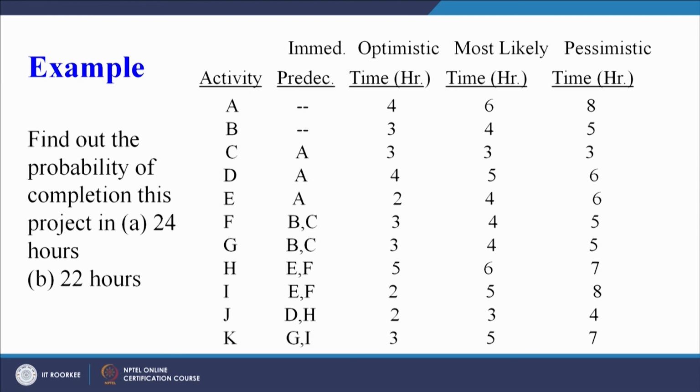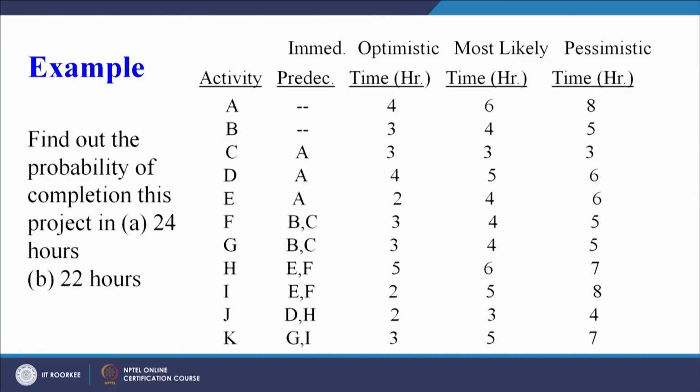A and B have no precedence relationship, so A and B can start from node 1. Now the next three activities, C, D and E, must start when A has been completed, so they can start from the end node of activity A. Similarly, F depends upon B and C. So from the second node we have drawn activity C.